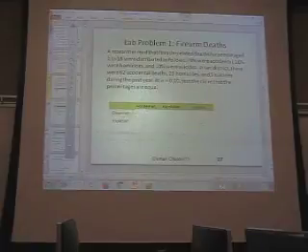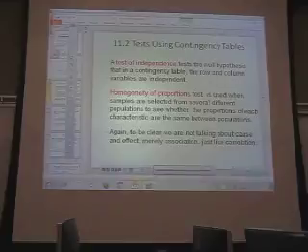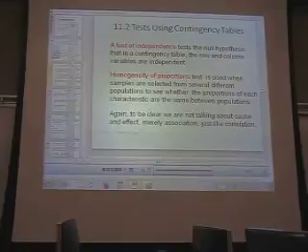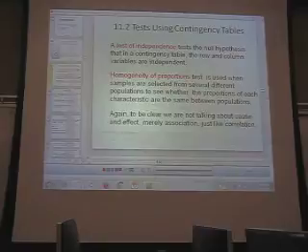All right, so now we need to jump into 11.2. Jimmy, go ahead and read. A test of independence tests the null hypothesis that in a contingency table, the row and column variables are independent.